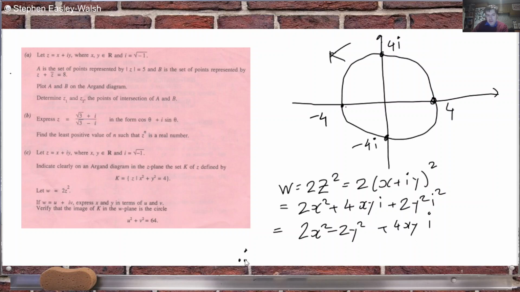So therefore, u will equal 2x squared minus 2y squared, and v will equal 4xy.